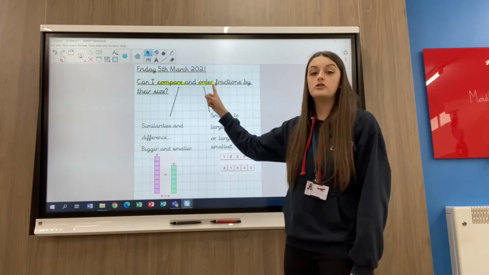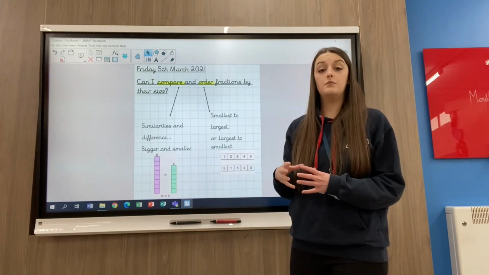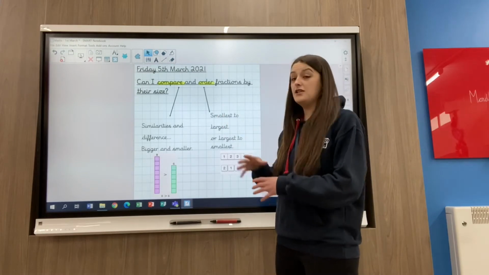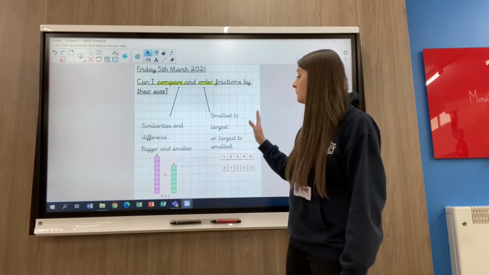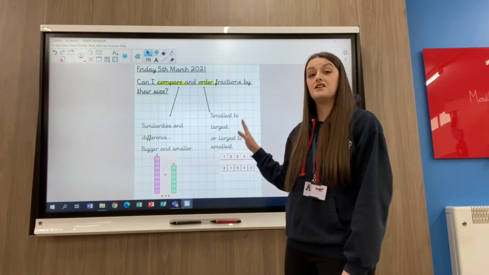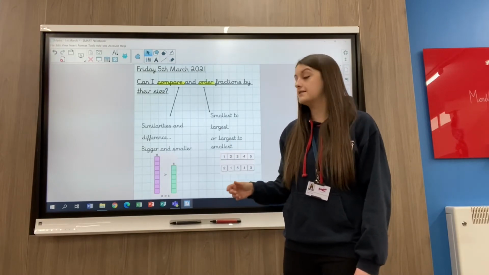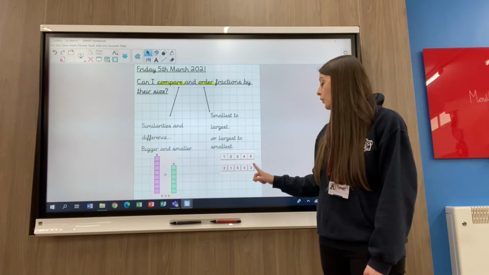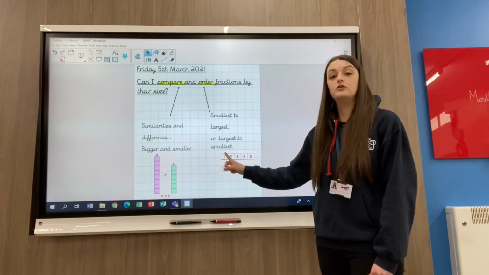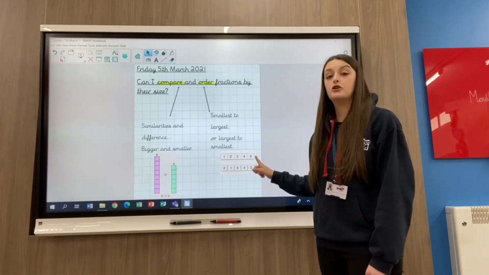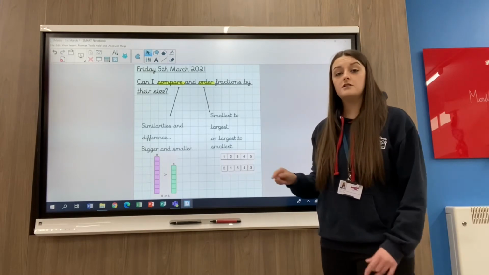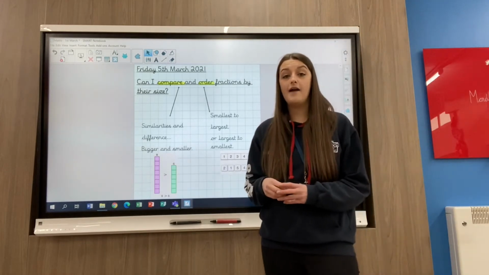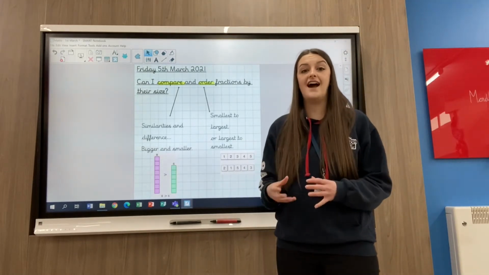Now when we order something, we can put it in a range of different orders, but in maths we normally talk smallest to largest or largest to smallest. So you can see here I have the numbers 2, 1, 5, 4 and 3. I've put them in order of smallest to largest, okay? So we're going to be ordering and comparing fractions based on their size today.